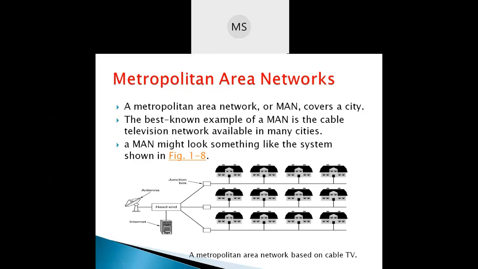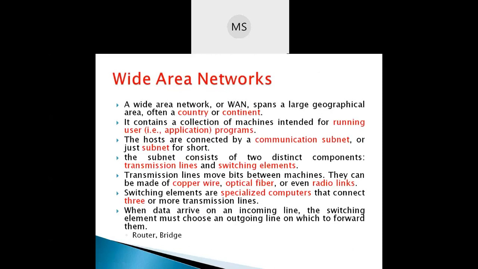So the next thing we have is the wide area network, which, as we discussed, may cover a country or a continent, and contains a collection of machines intended for running user applications or programs. The hosts are connected by a communication subnet, or just subnet for short.